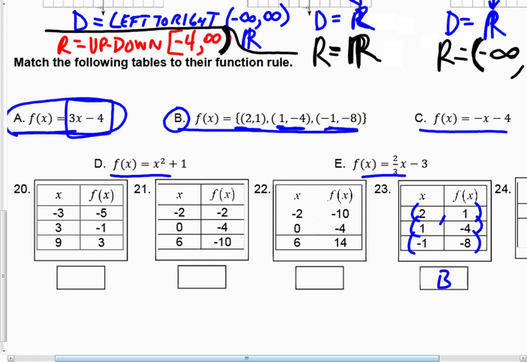Show me a table. You got a table? Alright, you're looking at your table, right?